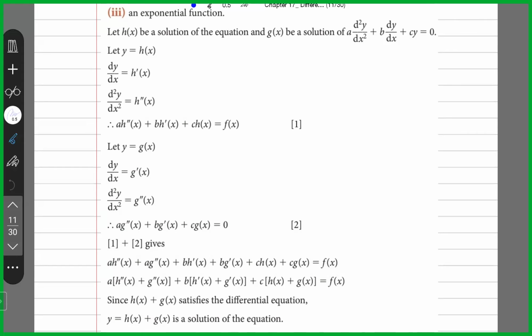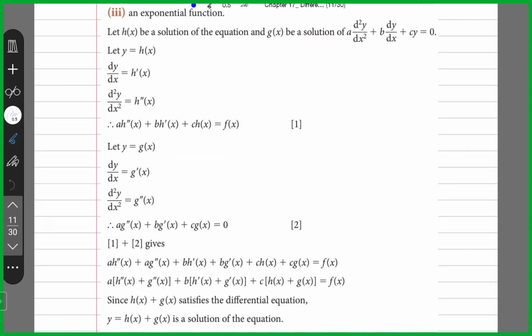In other words, h of x is the overall solution, and g of x is the solution of the homogeneous part of the differential equation.